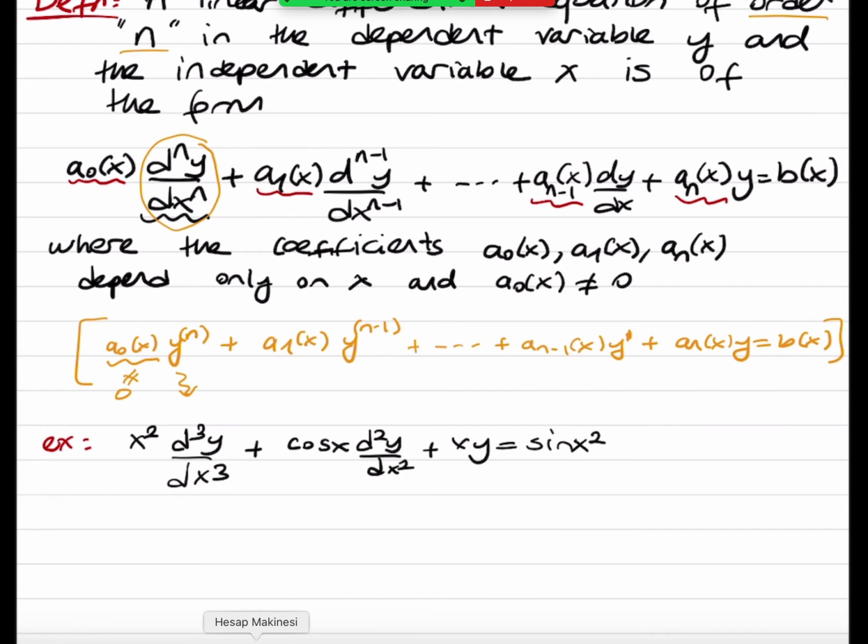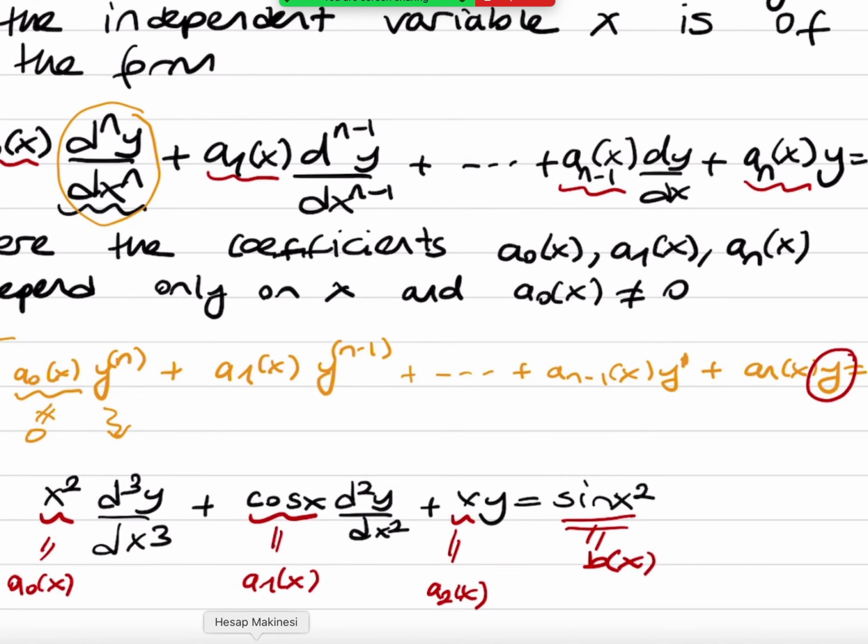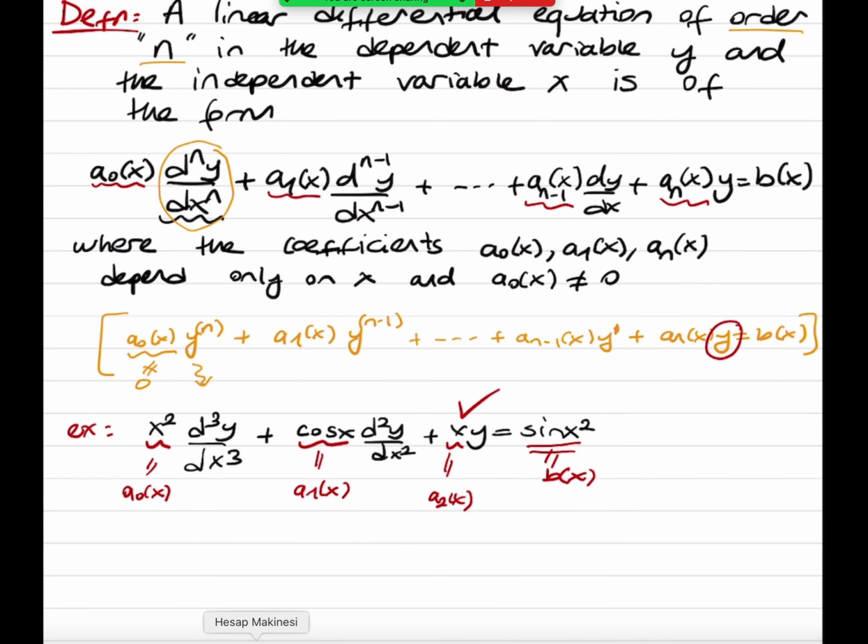We look at all the coefficients: b(x), a0(x), a1(x). They depend only on x. And you need to be careful, this is y, y prime, y. This is okay.